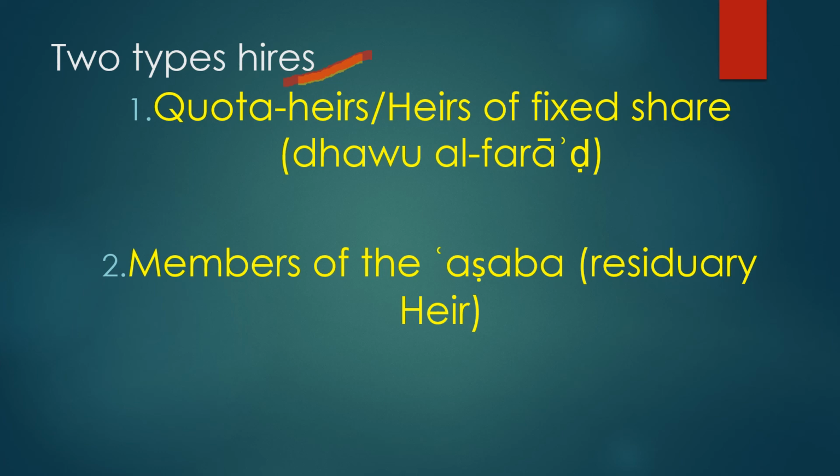Subhanallah. So for example, one person passes away, and there are some heirs who are living at the time of his death. We will call them and separate them into two types. One type is the heirs of the fixed share, and the other type is the heirs of the residuary wealth.